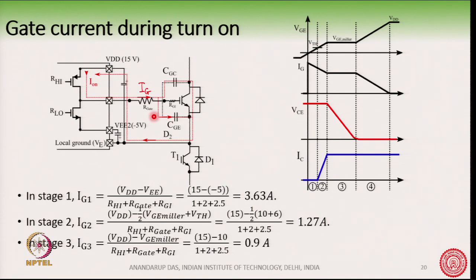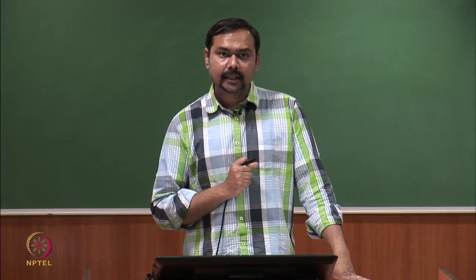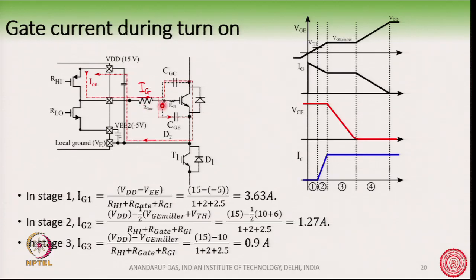We would like to control how much the turn on interval is, how much time stage 2 and 3 has to be applied, so that we can control the switching losses of the power device. So this gate resistance R gate is an element which has a profound effect in controlling the losses.